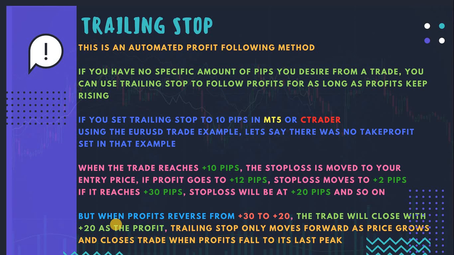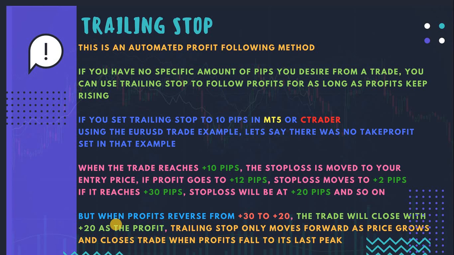But at 11 pips, the stop loss is moved to +1. At 12 pips, the stop loss is moved to +2. At 30 pips profit, your stop loss will be at +20 because stop loss is now 10 pips behind your current profit. And if your profit keeps going to 50, 60, 70, your stop loss will be 10 pips behind what your profit currently is.